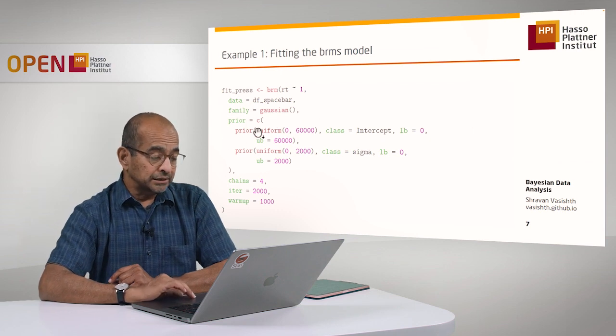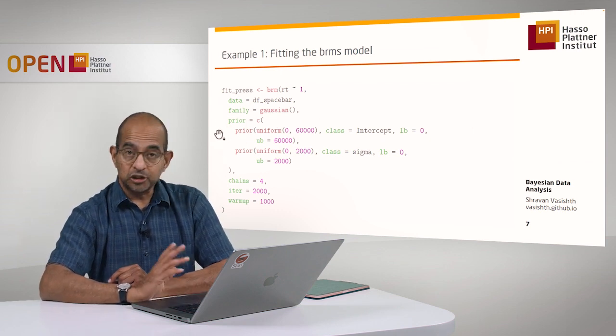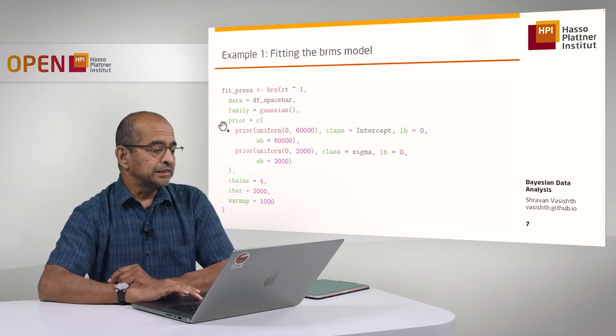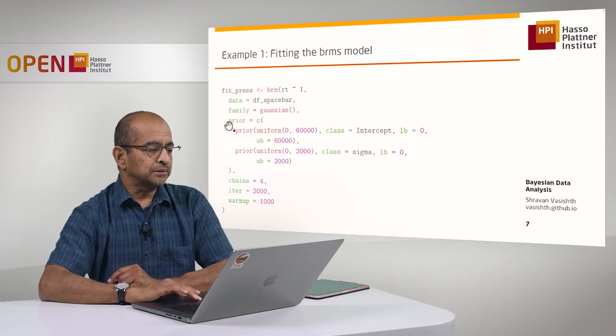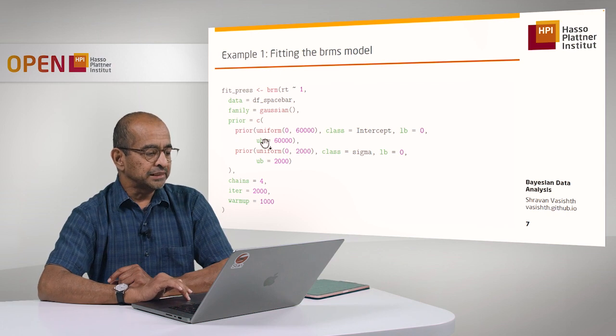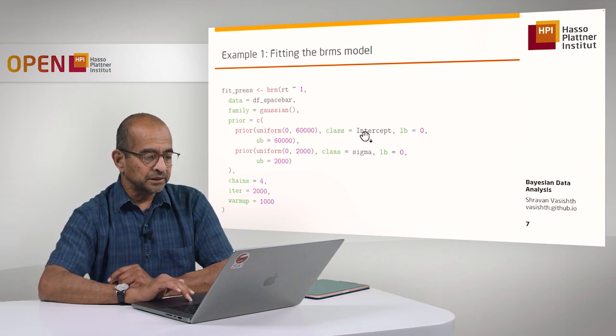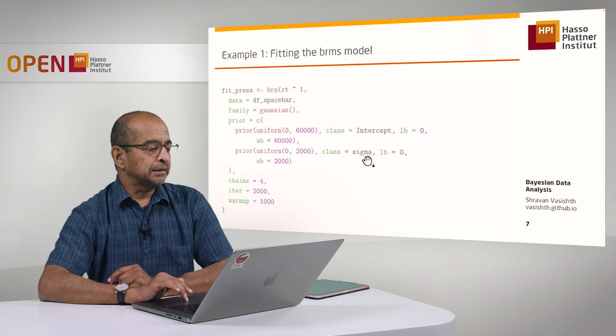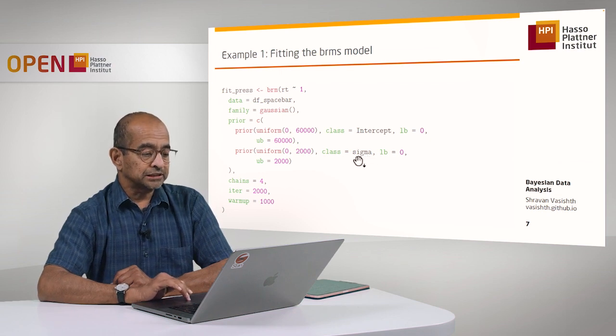One other new thing in this function, which is not there in lm obviously, is the prior specification. You see that there's a parameter called prior, and I'm going to give a list to this parameter. This list gives you the opportunity to define a prior for the mu parameter, which is the intercept, and a prior for the sigma parameter.